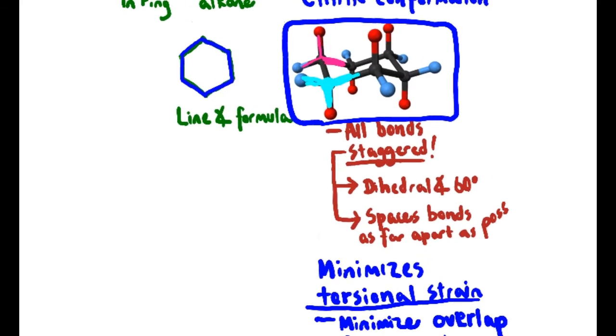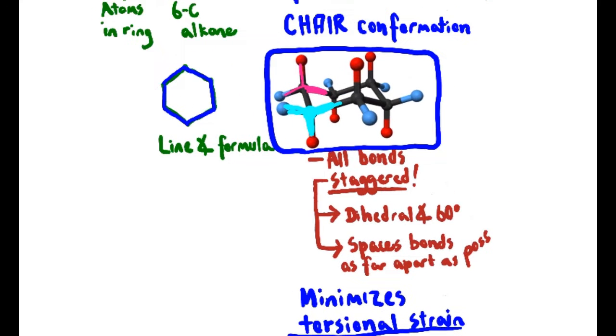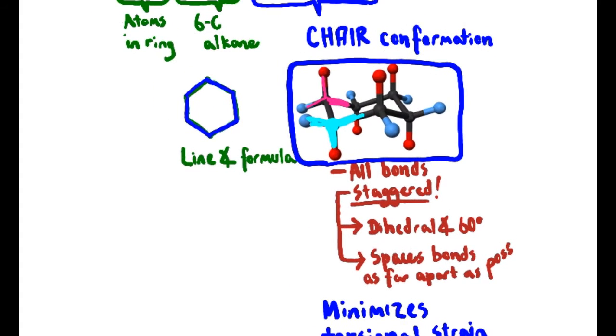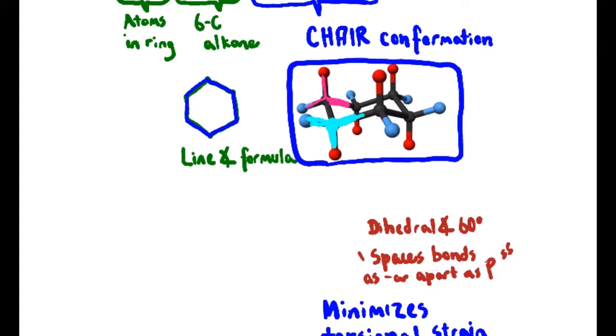I'm going to go ahead and erase some of this information here, so that we can draw underneath this ball and stick model the way that we're going to go about representing a chair conformation on paper.